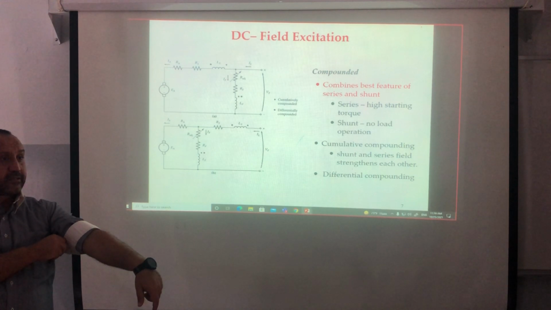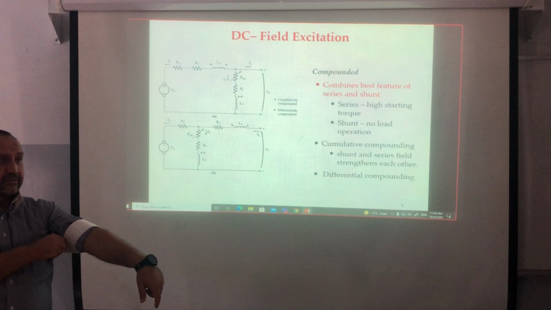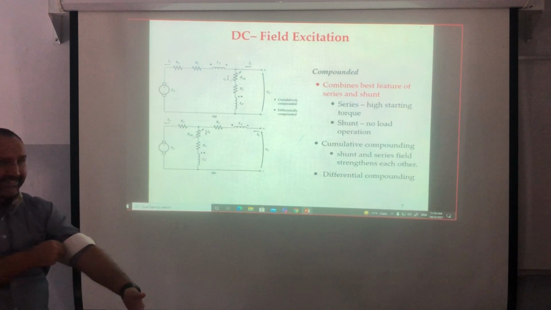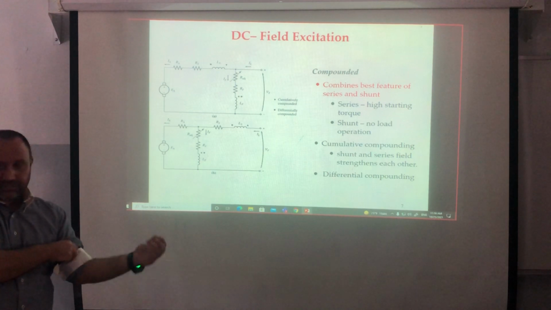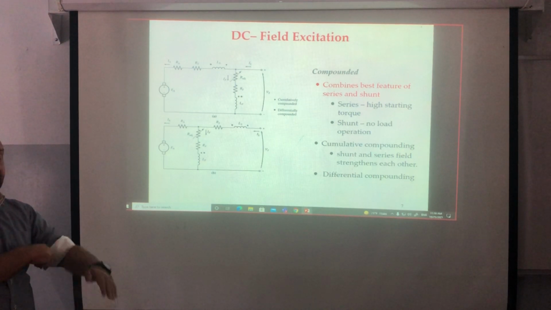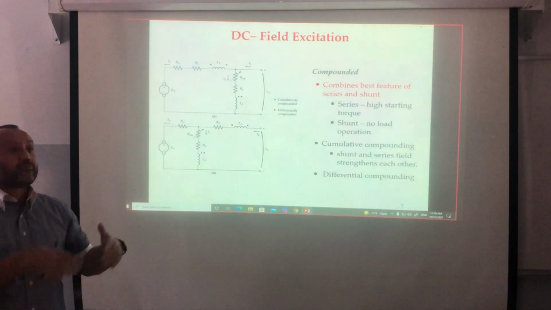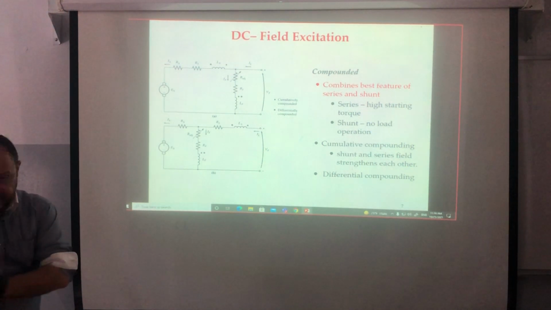For the differential generator, we need to reduce the generating torque. We need to enhance the voltage regulation under the load. So that's why we can have a flat voltage profile for the generator.